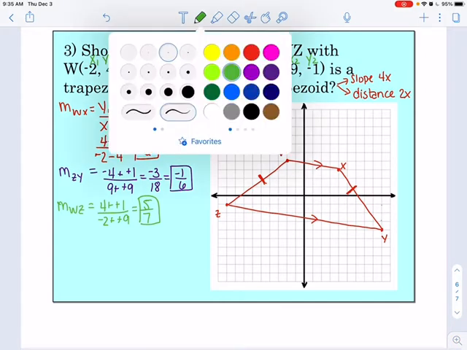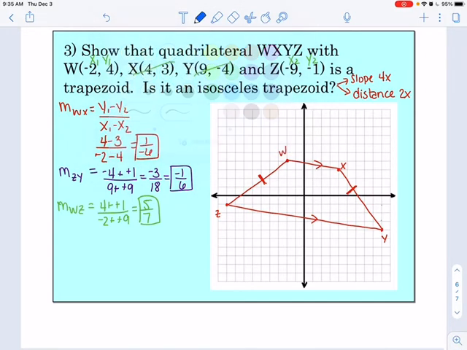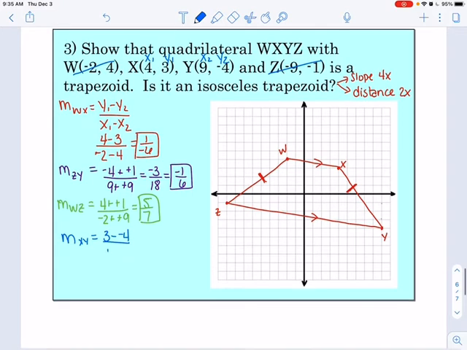Now we'll find the slope of the other side, and again, we're going to show that it is not parallel. If it's not parallel, they're not going to have equal slopes. So we're talking about the slope here of XY. So I'm ignoring W and I'm ignoring Z. So this is going to become x1, y1, x2, y2. This is the slope again of XY. So I'm going to have 3 minus negative 4 on the top. And on the bottom, I'm going to have 4 minus 9.